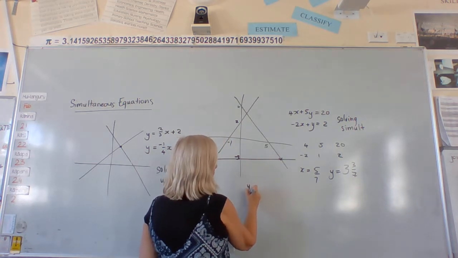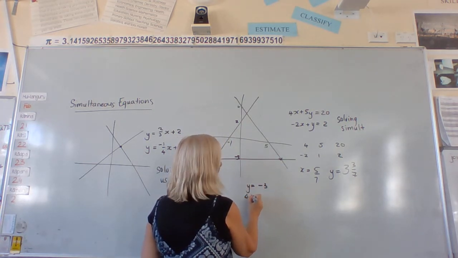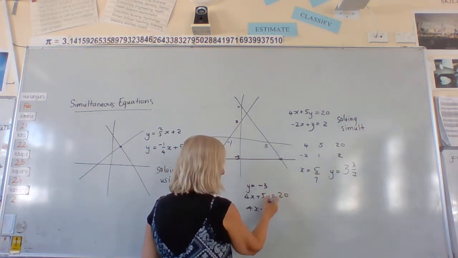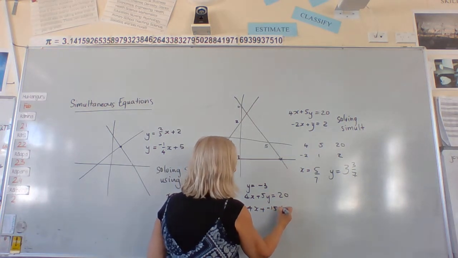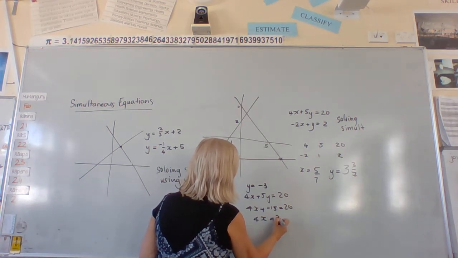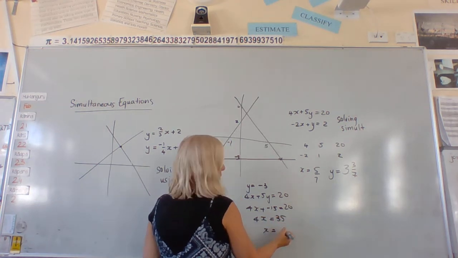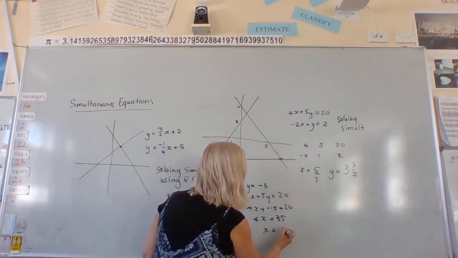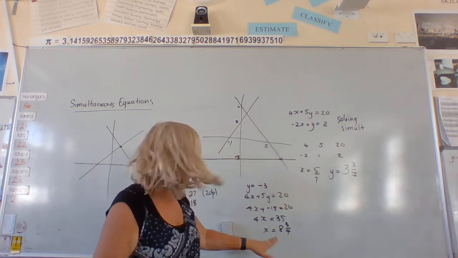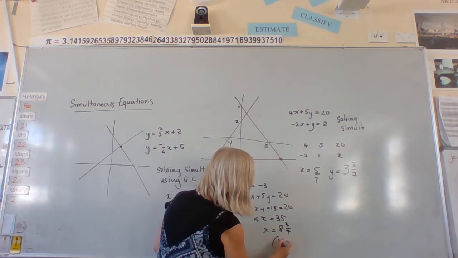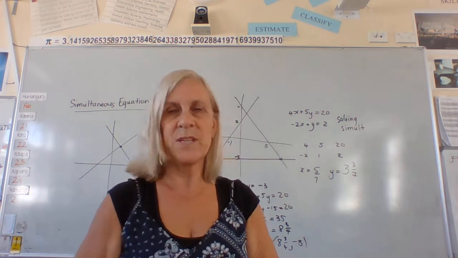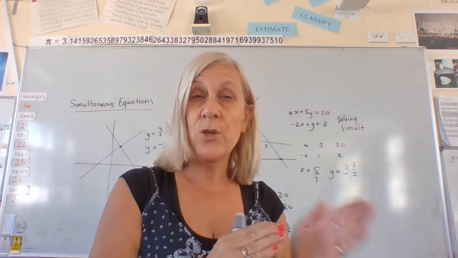So if we've got y equals -3 and 4x plus 5y equals 20, we can get 4x plus -3 times 5 is -15 equals 20. 4x equals 35, x equals 35/4, which is 8 3/4. All right, so you can find the x that way. So our point that we're looking at is 8 3/4 seconds and -3 people, or whatever it happens to be, whichever way it is around. All right, so you can use those two.